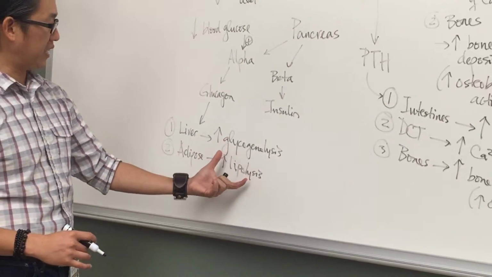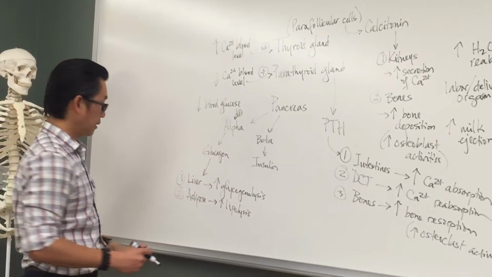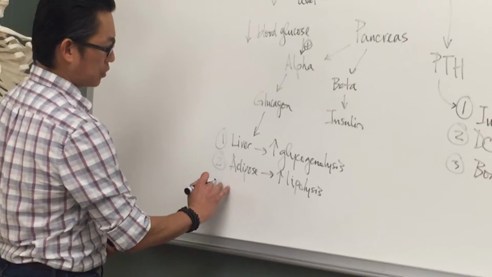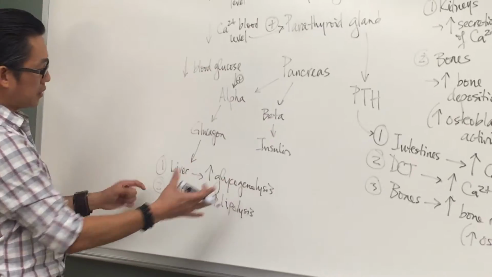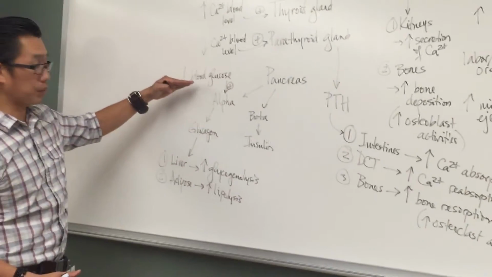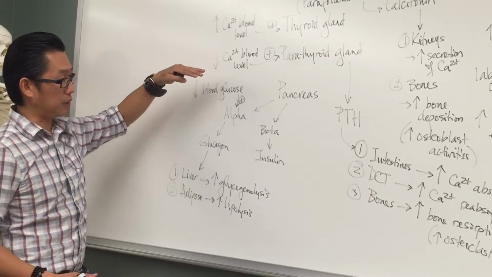Some of these fatty acids may be taken back into the liver to make new glucose molecules. I don't know if it goes to the skeletal muscle or not. Just leave that at that. So both of these, specifically at the liver itself, are going to liberate a lot of glucose molecules to increase this glucose concentration inside the blood, right?